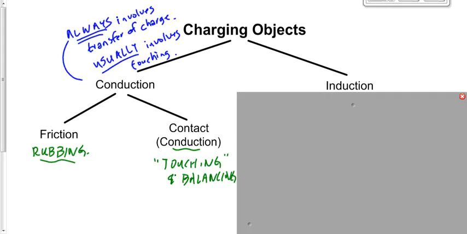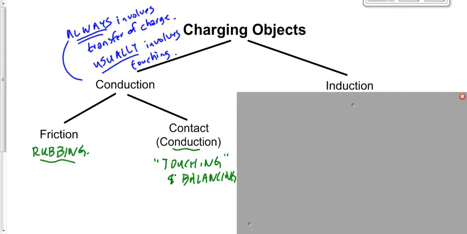It doesn't necessarily have to be 2 objects touching. When I walk across the carpet and go to touch you and the charges jump from me to you in an attempt to balance out those charges, I'm not actually touching your finger. But my finger is close enough to your finger that the charges will jump, they'll arc.